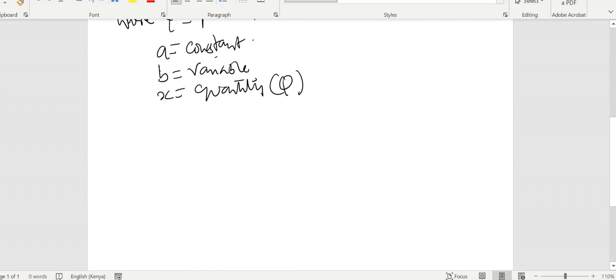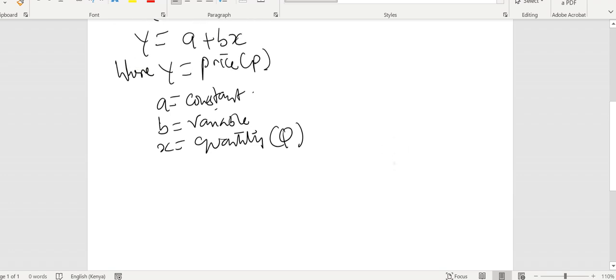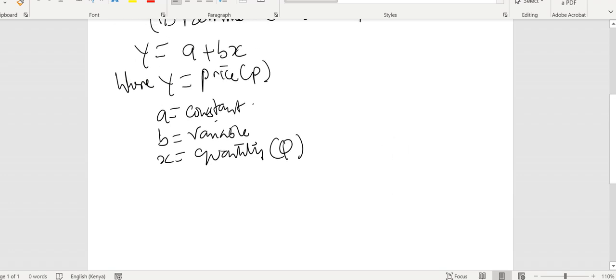So if we use this, we have agreed y is P, the price. Then I would have price is equal to a plus bQ. So from equation 1 and 2, solve simultaneously. We form a model.